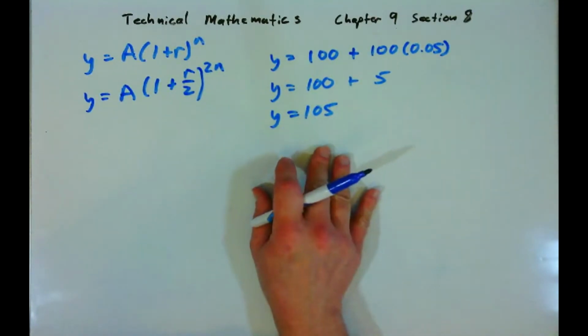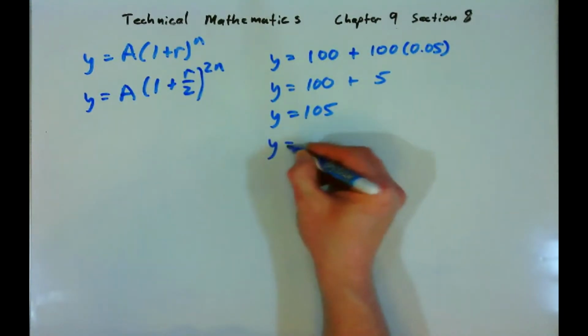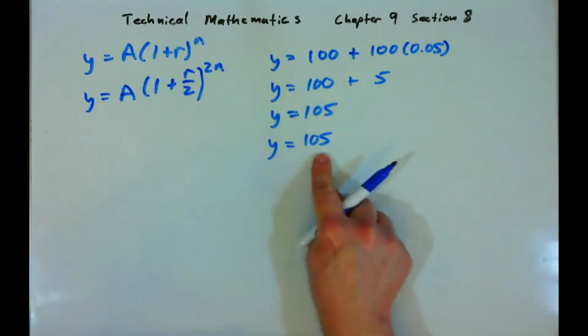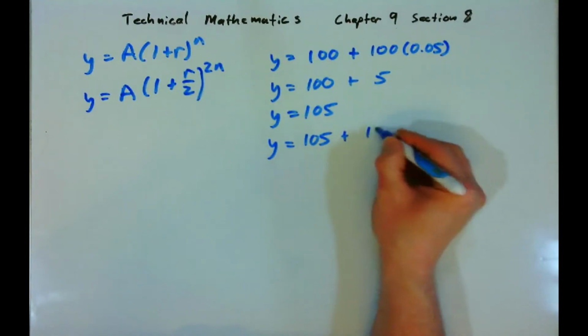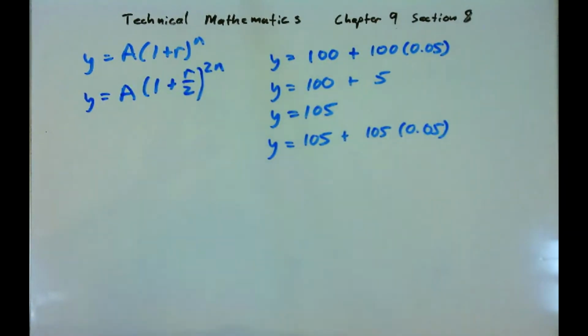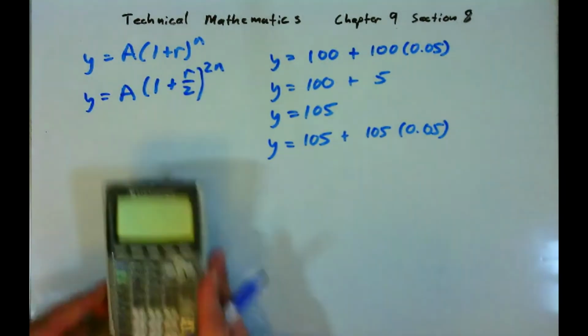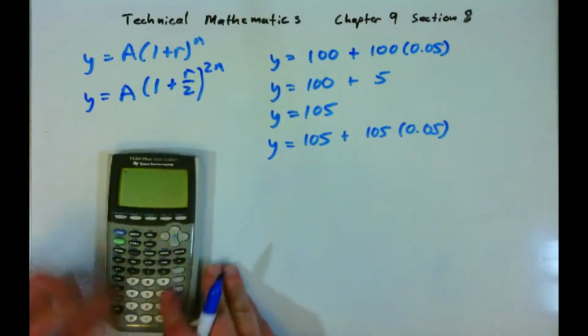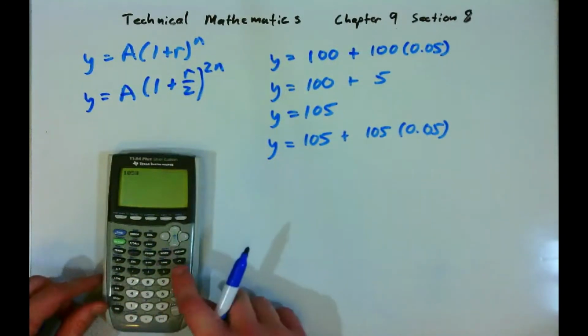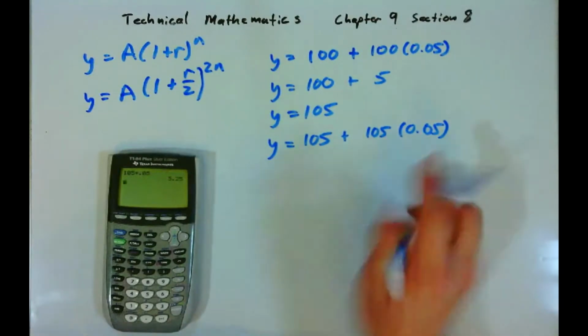Now, at the end of the second 6 months, at the end of the first full year, you started off with $105, and they're going to give you 5% interest on that $105. 105 times 0.05 means that you get another $5.25.